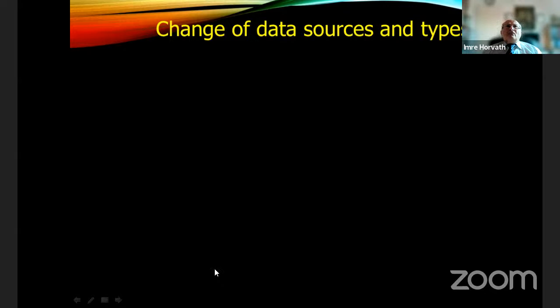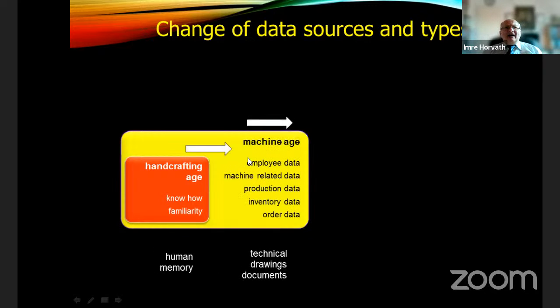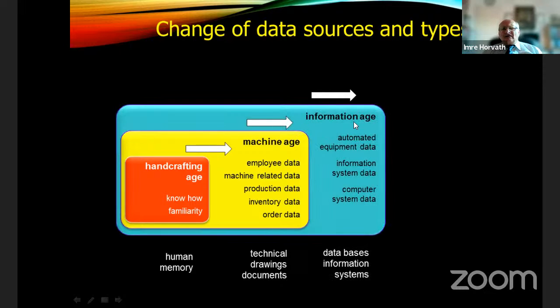The first thing I would like to mention is the change of the data sources and types over time. If we start out from the so-called handcrafting age, when know-how and familiarity was the form of knowledge, we just had the human memory to store it. Later, in the machine age, technical drawings came up, and then they could store, in addition, in written form, various company data. Then in the recent information age, databases and information systems are handling our data.